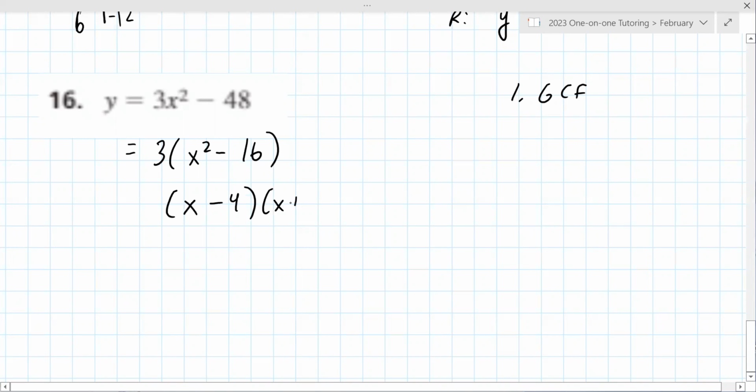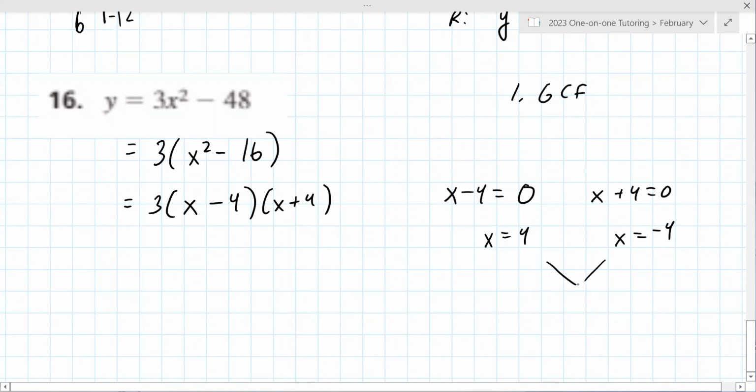Yeah, x minus 4. And now it's in factored form, so you can do exactly what we've been doing. You can set each of those factors, not the numerical value in front, equal to 0, and get your 2 intercepts. And your vertex is right between them.